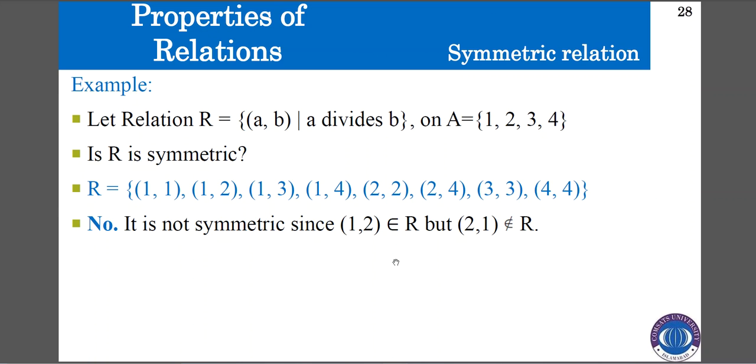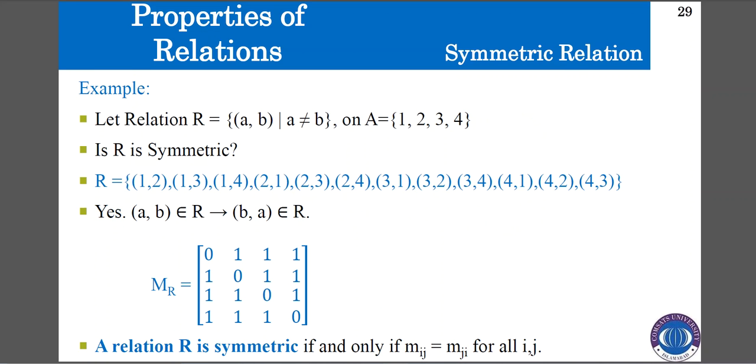From this relation, the pair (1,2) belongs to relation R, but the pair (2,1) does not belong to R. So this relation is not symmetric. For a symmetric relation, it must contain the (1,2) pair as well as the (2,1) pair. Then this relation would be symmetric; otherwise it is not symmetric.